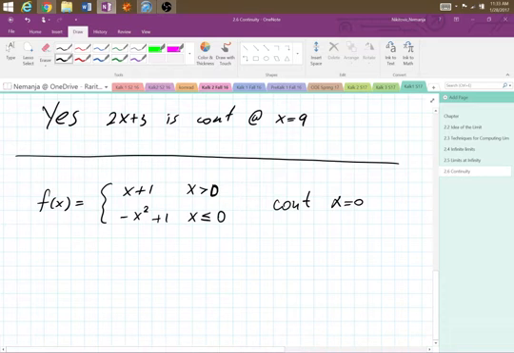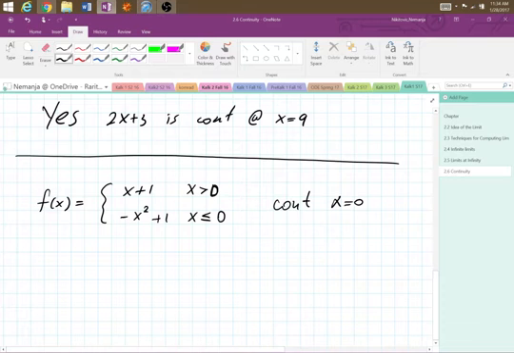Because if they look like this, they're not connected. If they look like this, they are. So it's one or the other. Or maybe like this, whatever. So we can have either of those. If it's continuous, they will be nicely connected, and you will have one function, and then it immediately becomes the other.